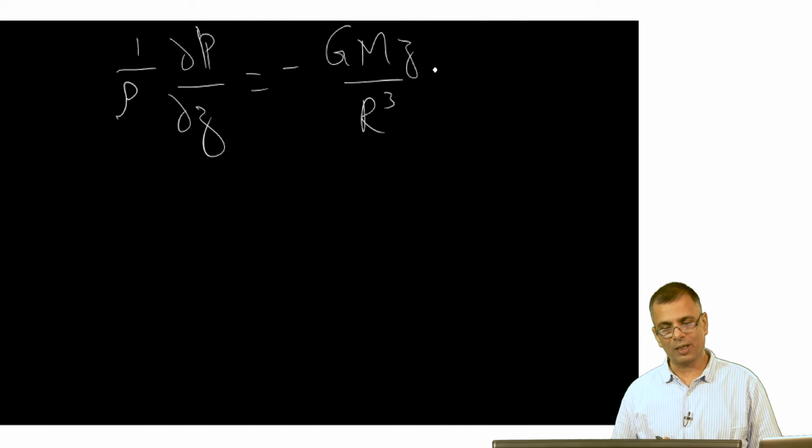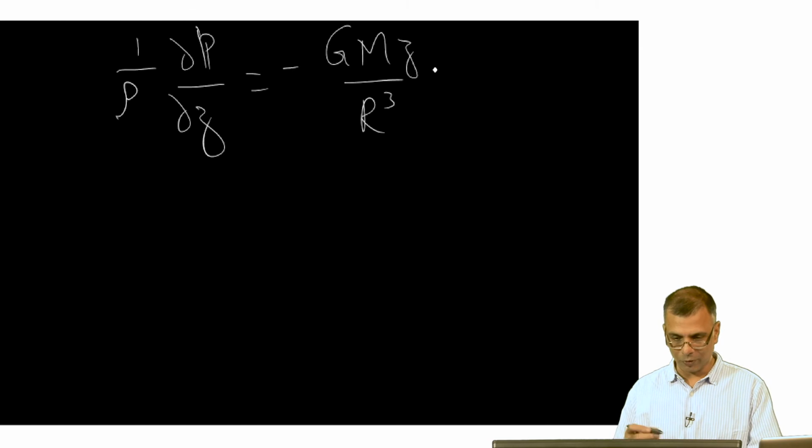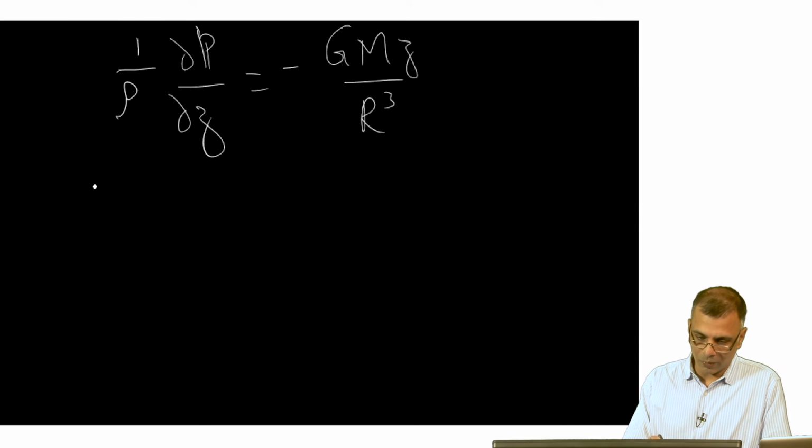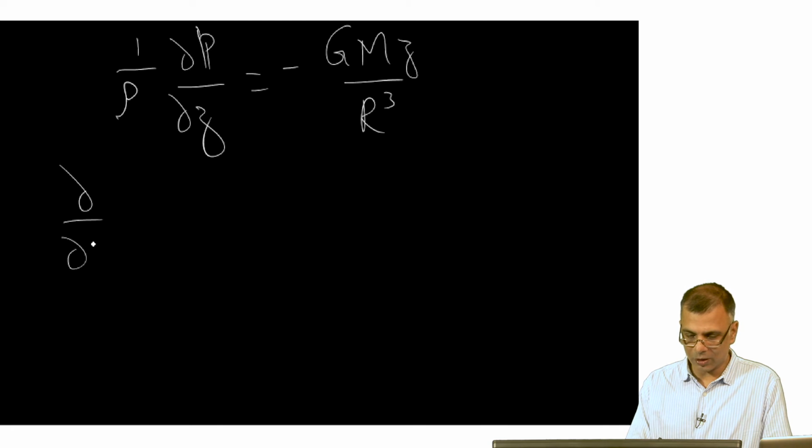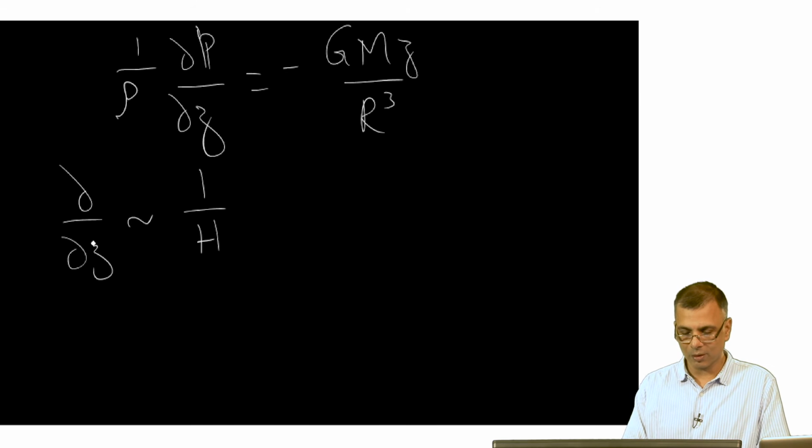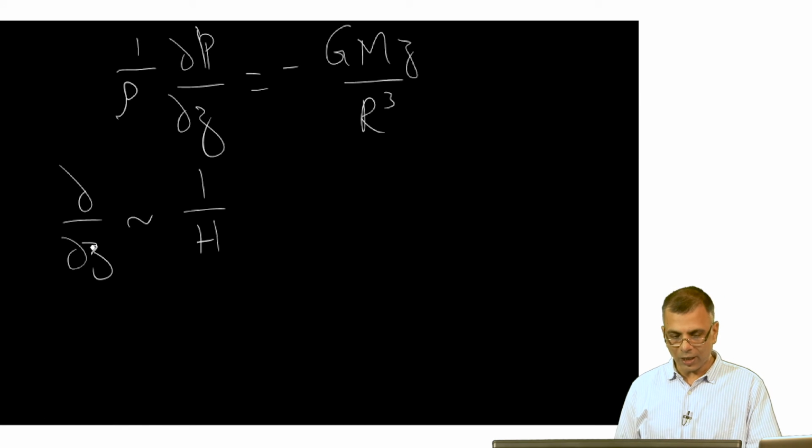We have seen the spirit of doing things earlier in the course. Wherever we see a d over dz, we replace it with 1 over h. That is because we really have no vertical structure.